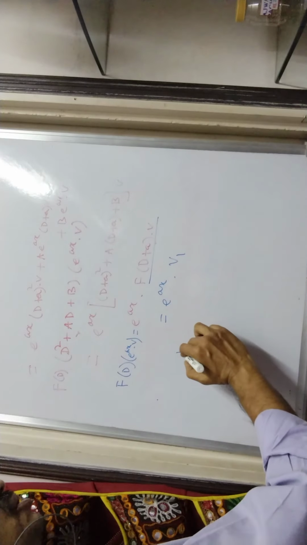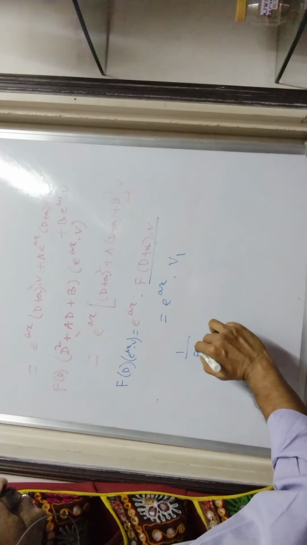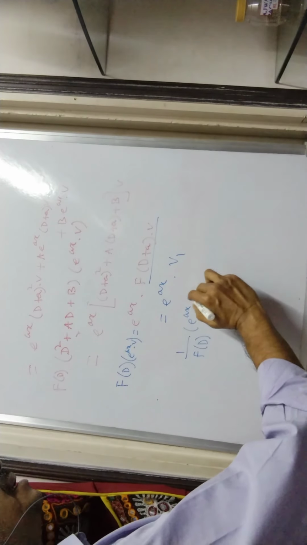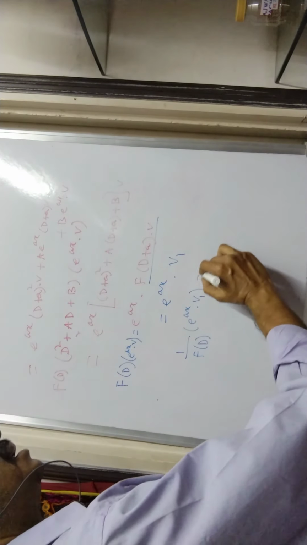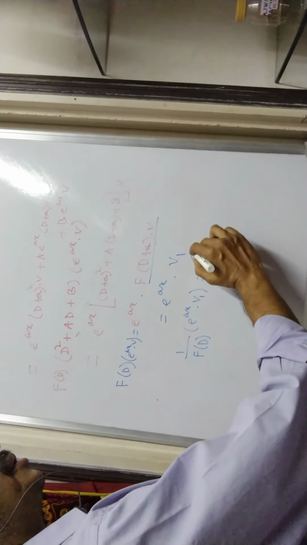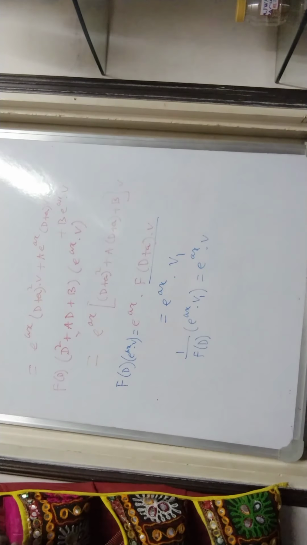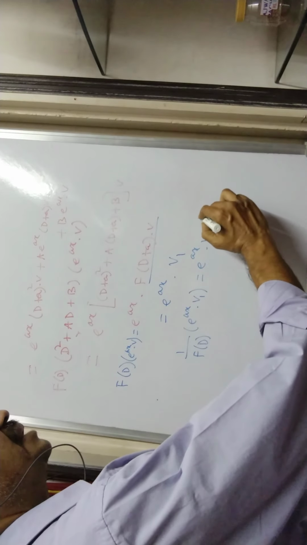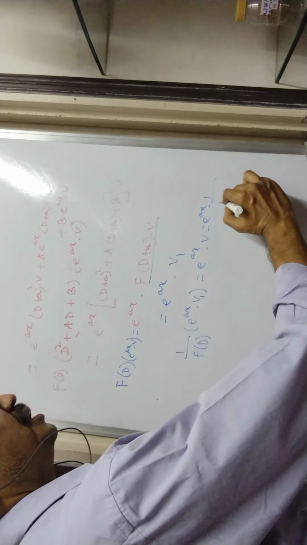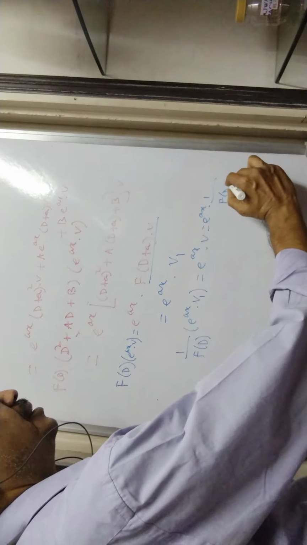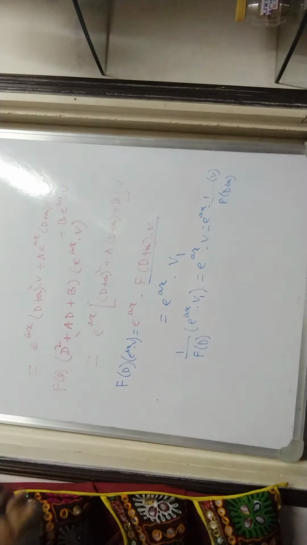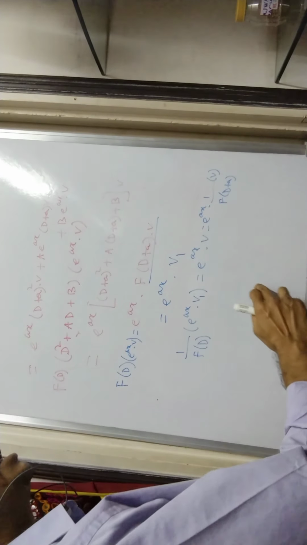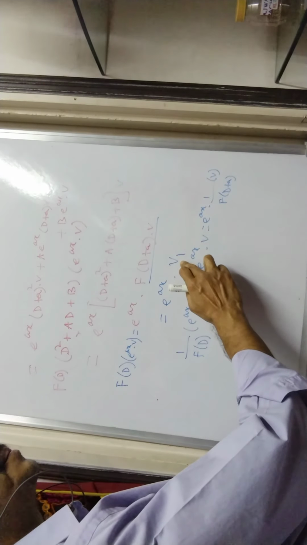So what is 1 upon f(d) operated on e to the power x into v1? It is nothing but, on the left hand side, we have e to the power x into v. Now since f of (d plus a) into v is v1, this is nothing but e to the power x into 1 upon f of (d plus a) operated on v. Isn't it so? f of (d plus a) operated on v is v1.